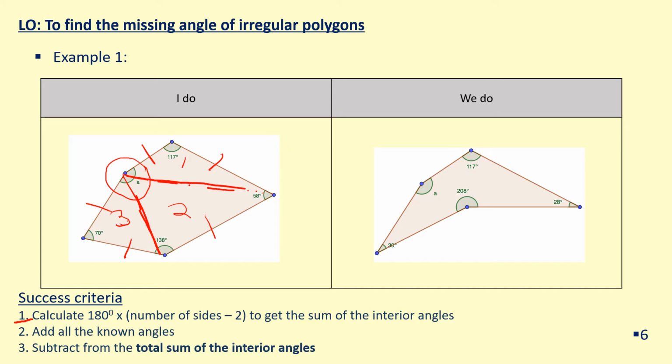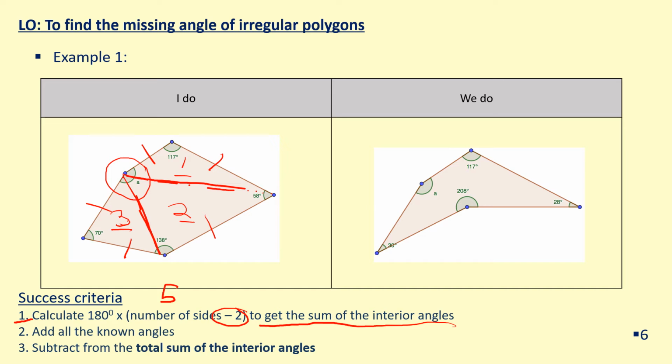Around these three triangles that we've split it into, we've got the number of sides, let's put it here, sides, it's 5. And then we subtract 2. If you're wondering why we subtract 2, well, we've already mentioned it. It's because we've got 1, 2, 3 triangles. So 180 multiplied by 3 is going to get the sum of the interior angles for the irregular polygon.